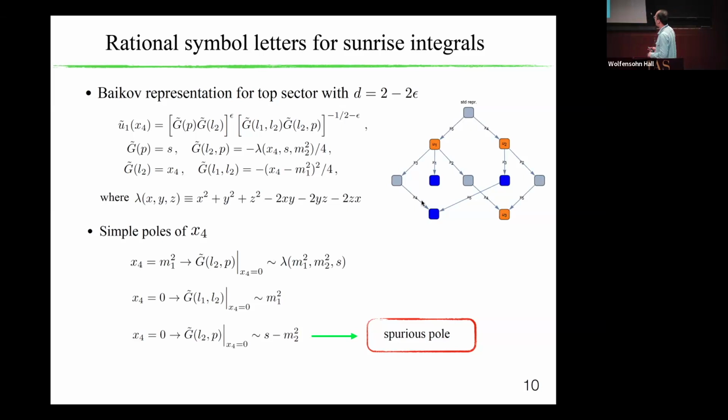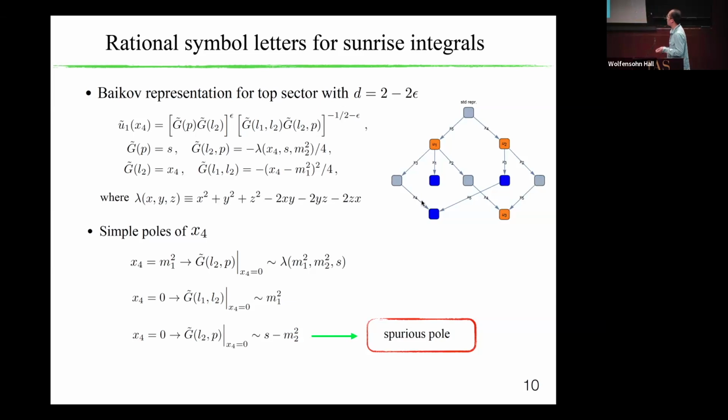And the special thing is that the Gram determinant of L1 and L2 at maximal cut is a perfect square. So we'll get a simple pole at x4 equals m1 square, and also a simple pole at x4 equals 0. Now for this pole, we can localize this Gram determinant at, okay, sorry, it should be m1 square.